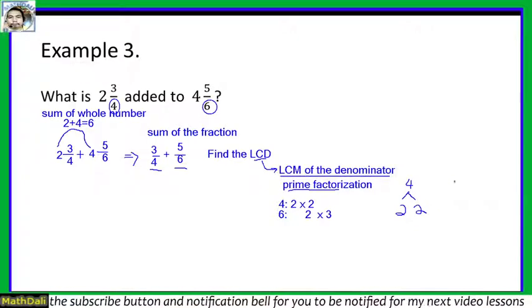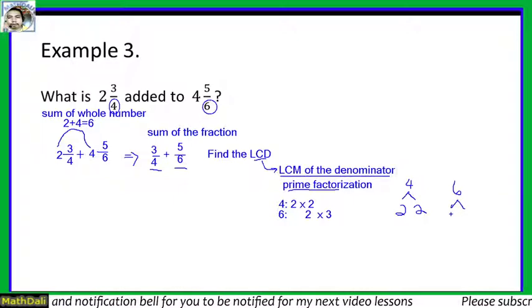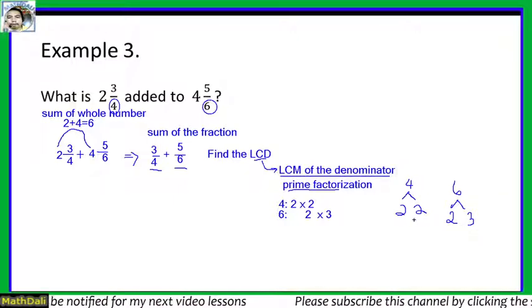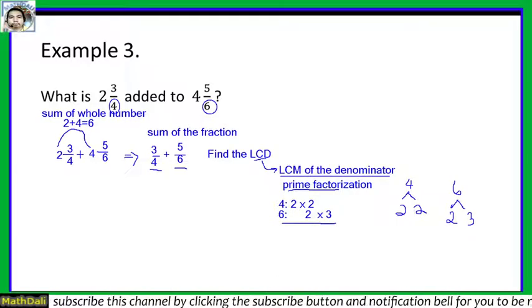Then we have 6. Ang factor ng 6, yan, ay 2 multiply by 3. Yan. Since makikita nyo dito sa pinakababa, these are already prime numbers, so titigil na kayo. Lilist down lang ninyo katulad nito. Ito yung mga factors ng 4, 2 times 2. Factor ng 6, 2 times 3.